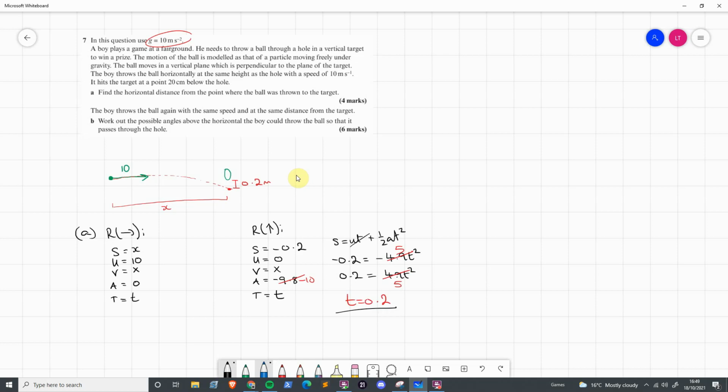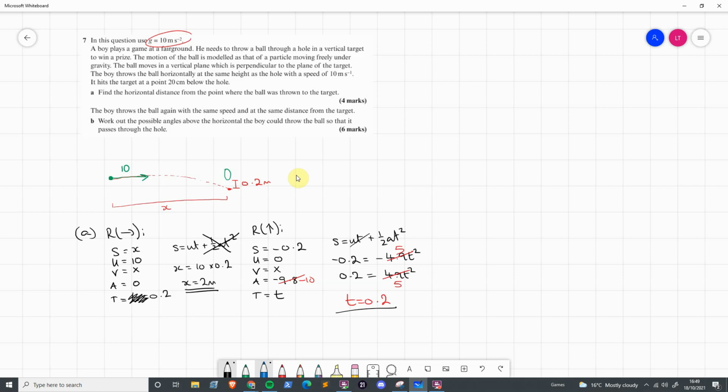So that goes in there. Now we can work with this to find out this horizontal distance. So s equals ut plus half at squared. Again, all of that disappears because a is 0. So x equals 10 times 0.2.